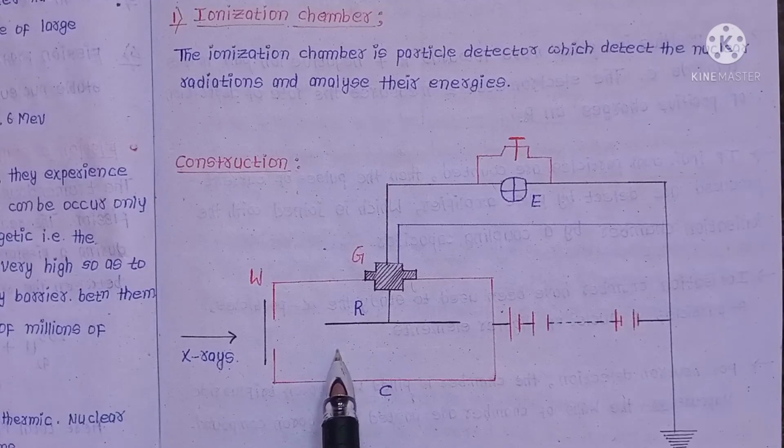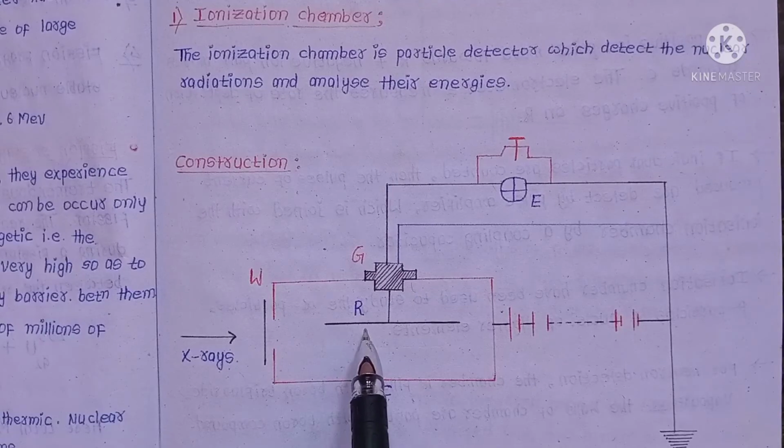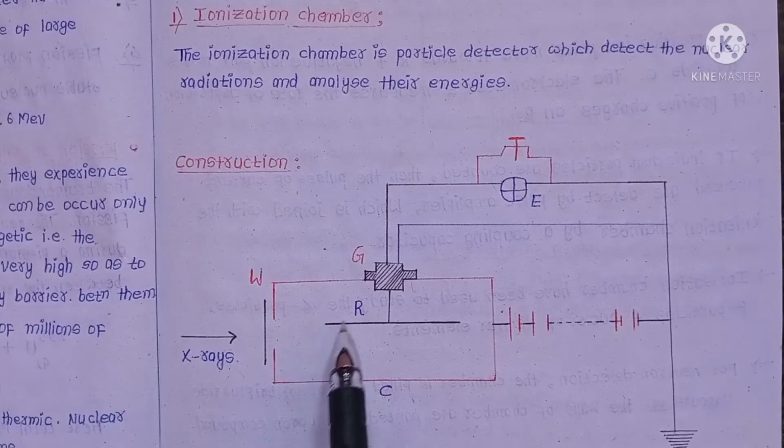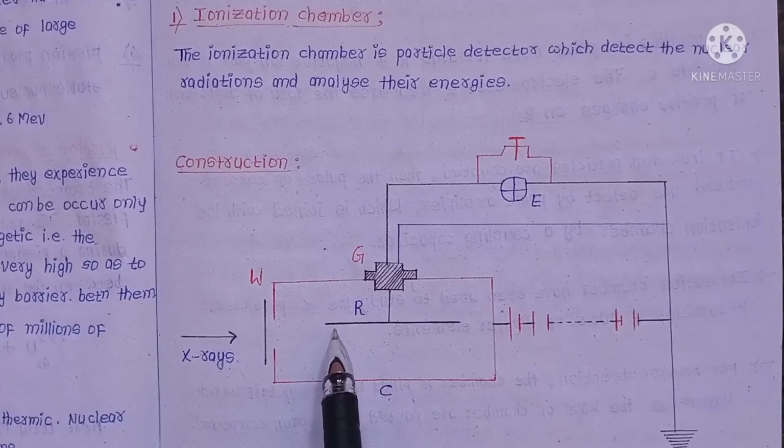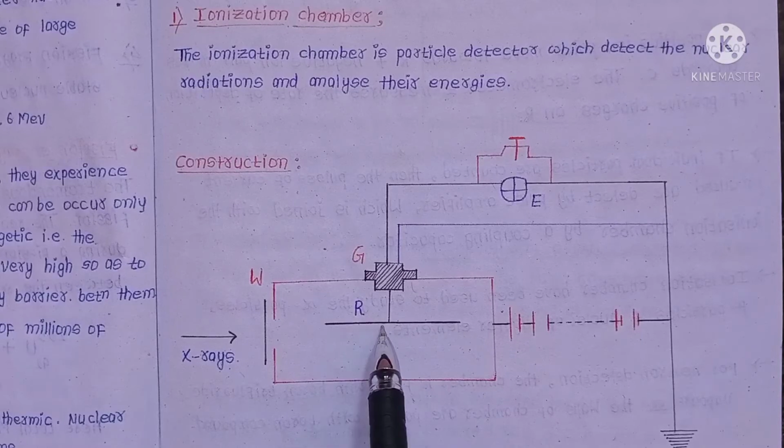After ionization, the gas releases ions, which may be positive ions or negative ions. Some positive ions move towards the metallic rod R, and some negative ions move toward the wall of this metallic cylinder.